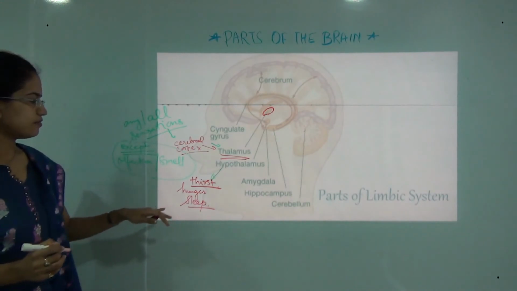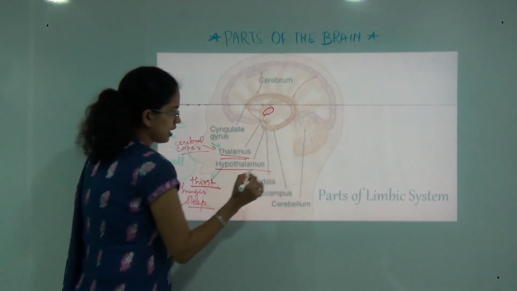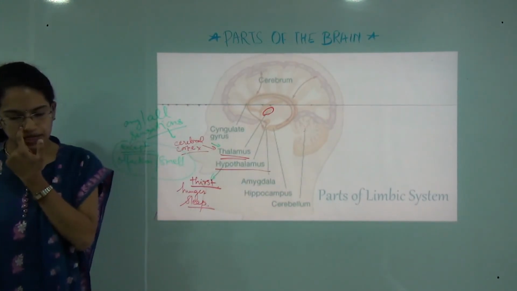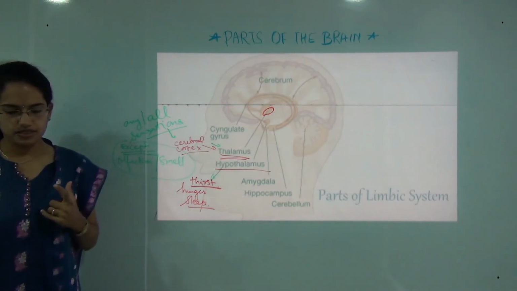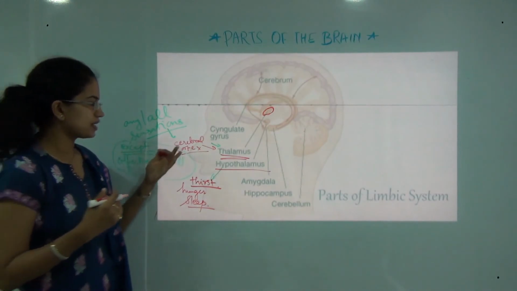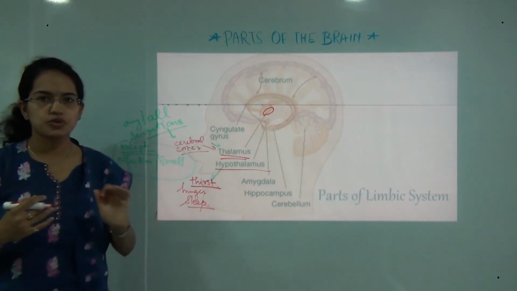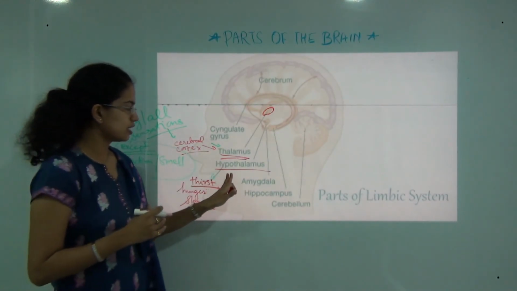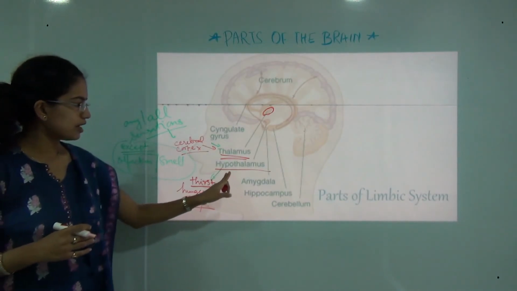So these are the main functions performed by the hypothalamus. Under the hypothalamus, you control the pituitary regulations, so the endocrine regulations are controlled by the hypothalamus.